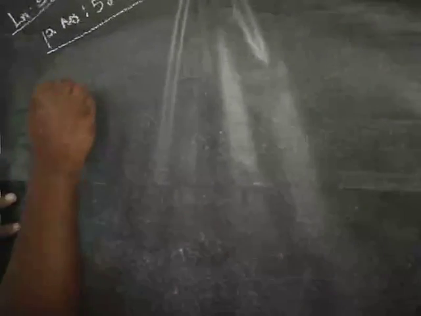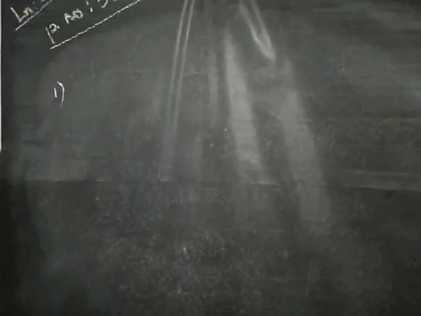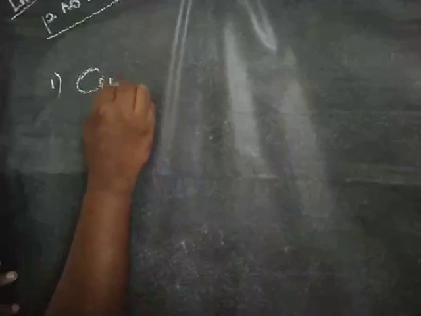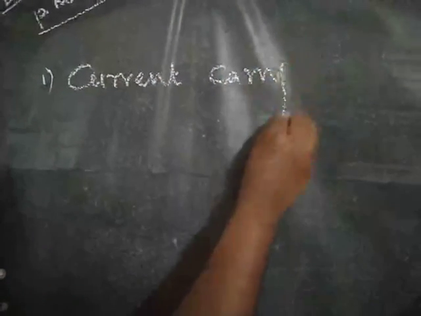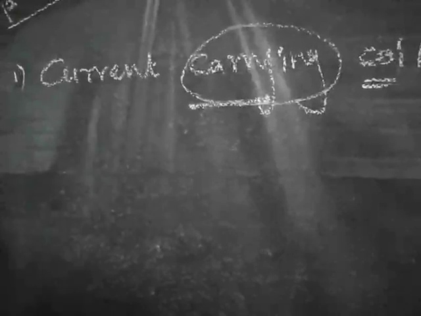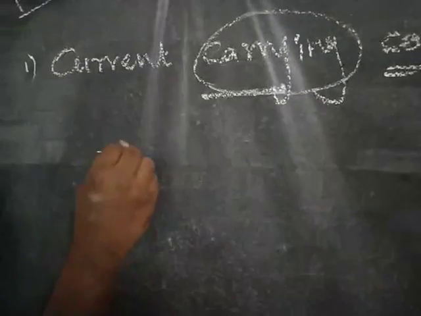Electromagnetic induction in a current carrying coil. If you take a coil and pass an electric current, what type of field is produced?